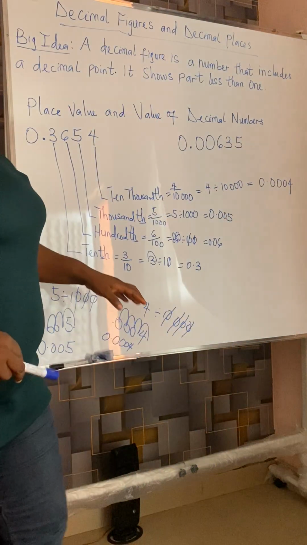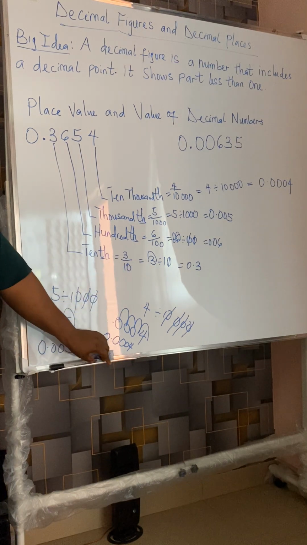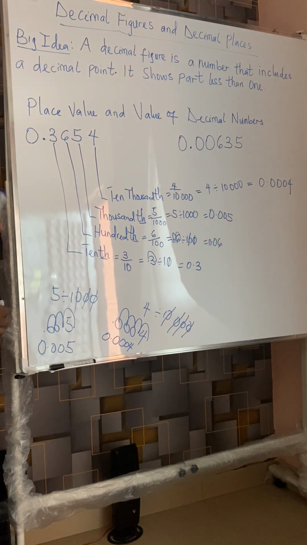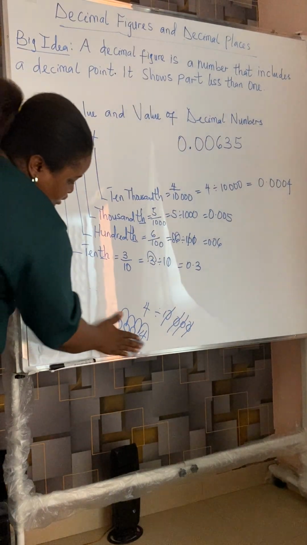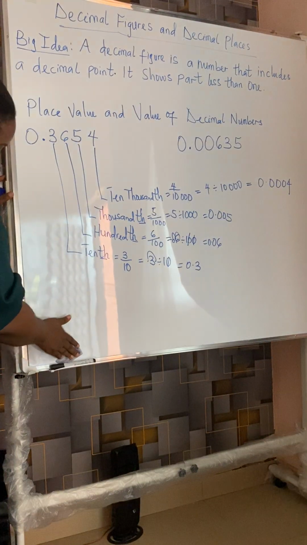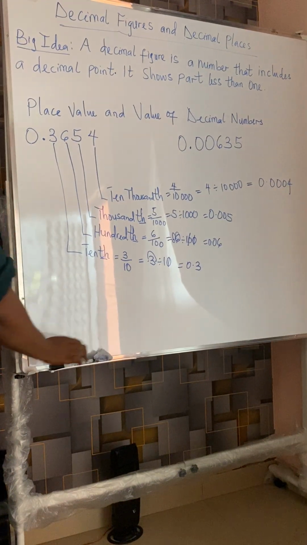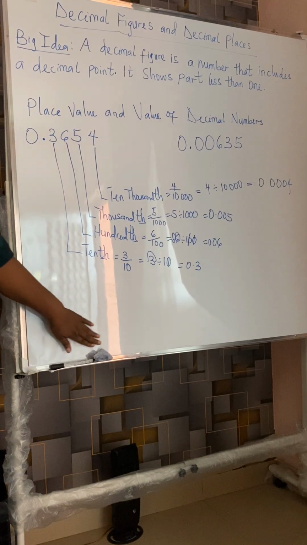Let's know this. Why is it good we understand the skeleton? It is important that we understand this because understanding this will help us arrange decimal numbers in order of increasing magnitude. We can arrange either in ascending order or in descending order.